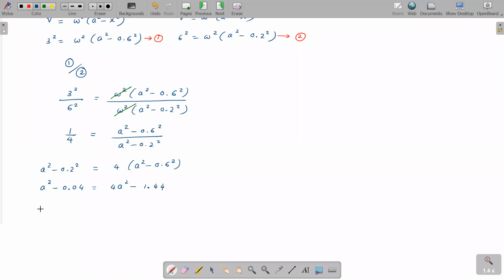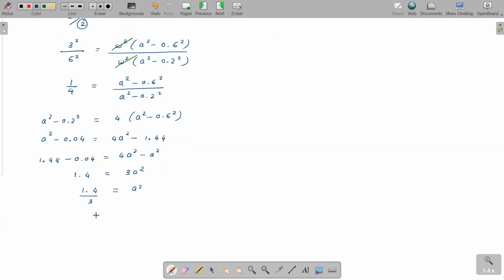Minus 1.44 comes here as plus 1.44, minus 0.04 equals 4A squared minus A squared. Guys, do you agree? 1.44 minus 0.04 is 1.4. 4A squared minus A squared is 3A squared, which means A squared is 1.4 divided by 3, which is 7 over 15. So A squared equals 7 over 15, and A is root 7 over 15.